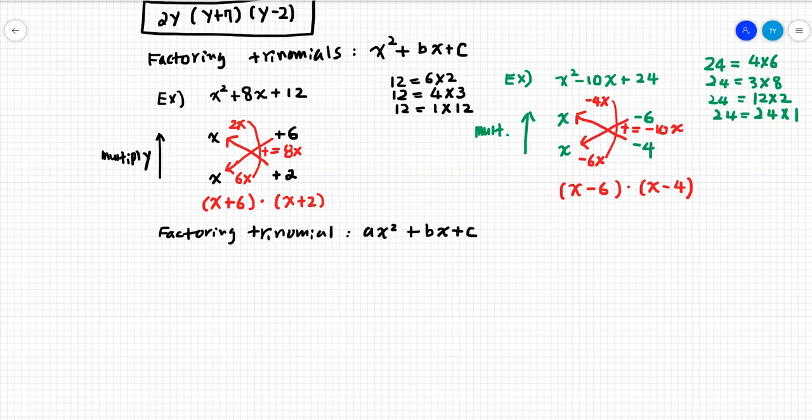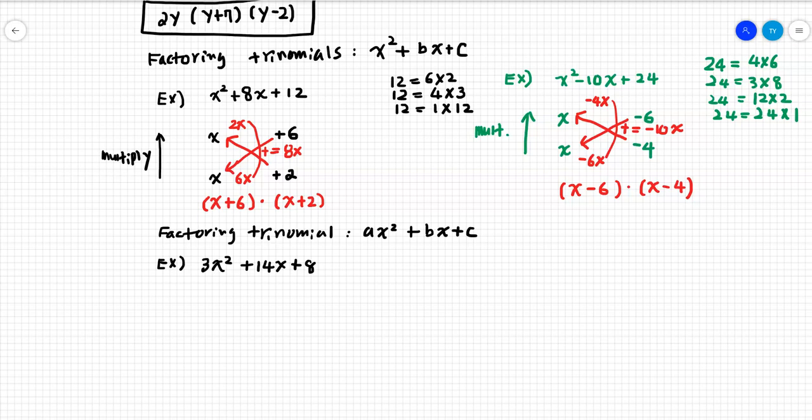So the only difference here now is we have a in front of it. So if I have, for example, 3x squared plus 14x plus 8.